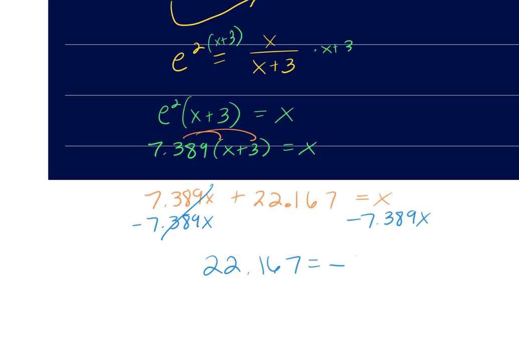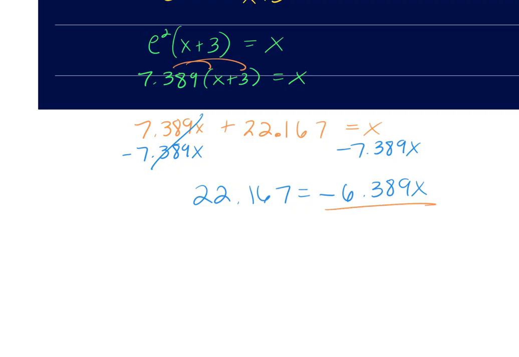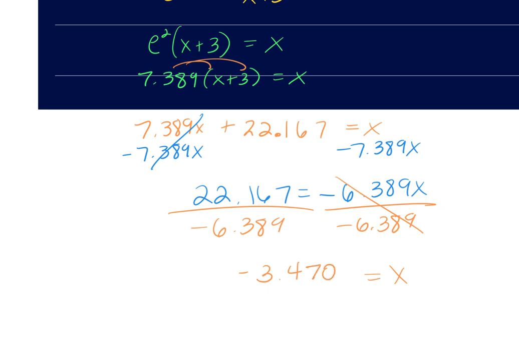22.167 equals negative 6.389x. And then I divide both sides by negative 6.389. And 22.167 divided by negative 6.389 is negative 3.4695, so it rounds to negative 3.470.